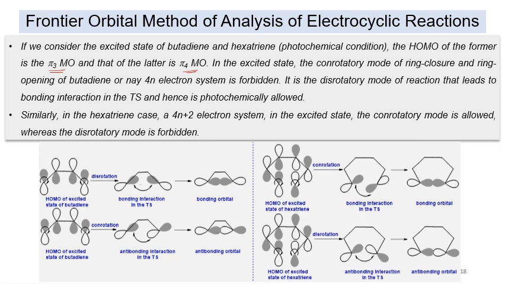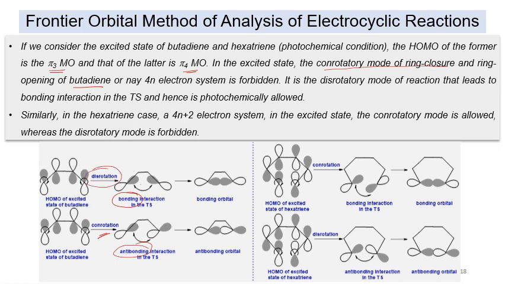Let's see now, in the excited state, the conrotatory mode of ring closure and ring opening for butadiene. In the excited state for the conrotation, we are seeing an anti-bonding interaction, whereas for the disrotatory mode, this is now leading to a bonding interaction.